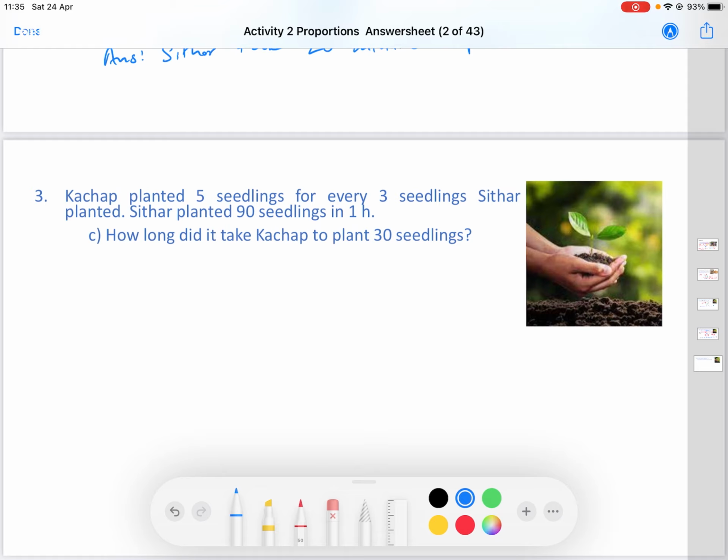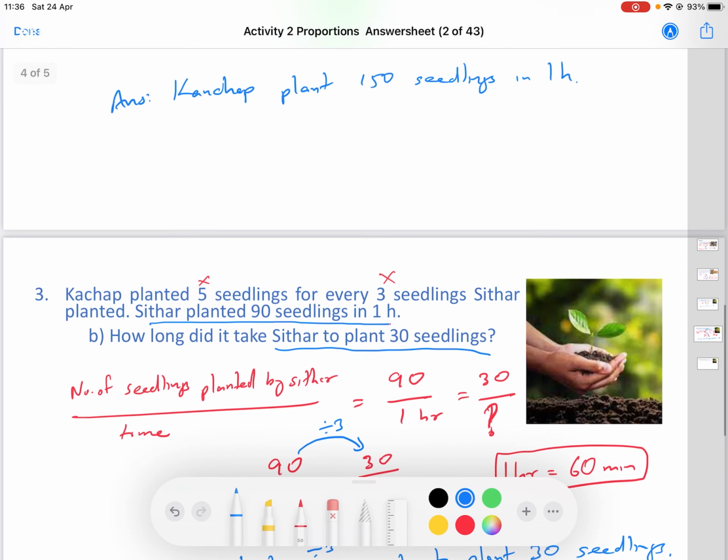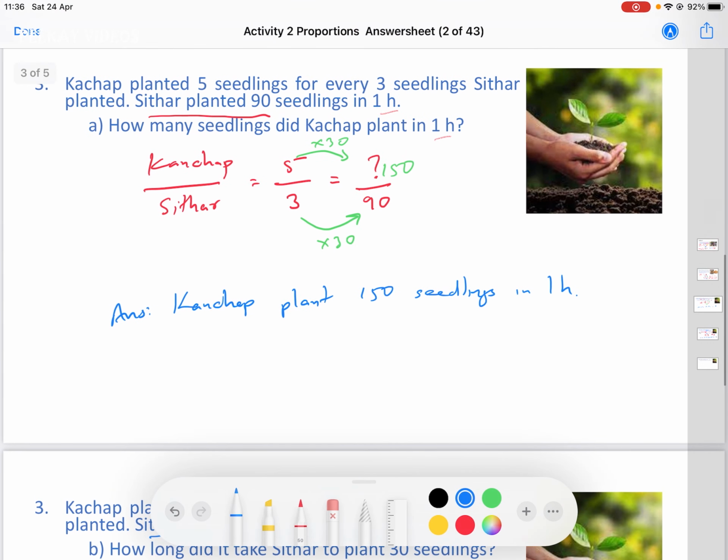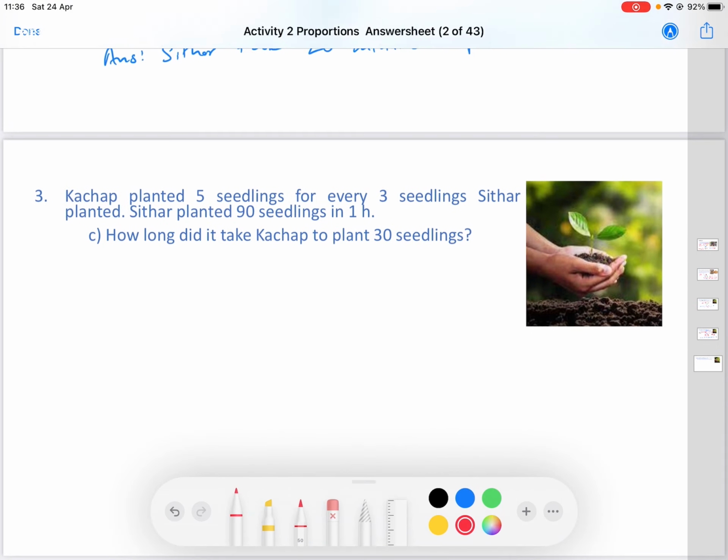Number C. How long did it take Kanchap to plant 30 seedlings? Now, from the first part, number A, we see that Kanchap planted 150 seedlings in 1 hour. So in 1 hour, he planted 150 seedlings.